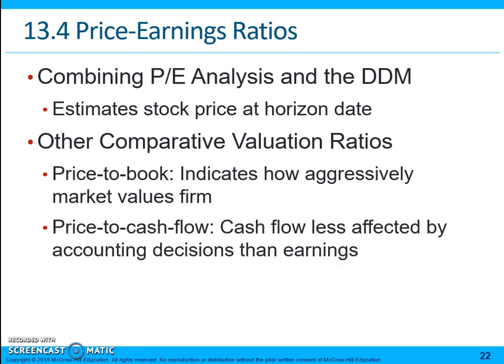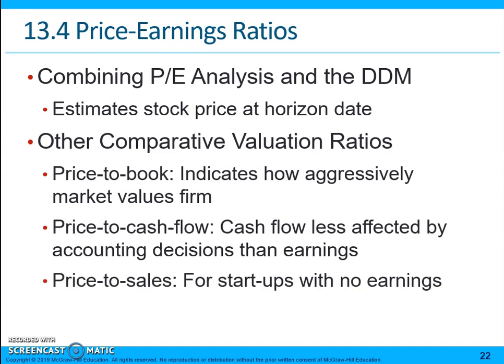We also use price to cash flow because cash flow is less affected by accounting decisions than earnings. So if a firm was suspected of manipulating their earnings, investors might look at price to cash flow. We also use price to sales for young companies or startups without earnings.